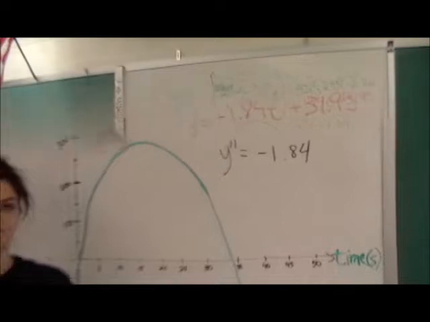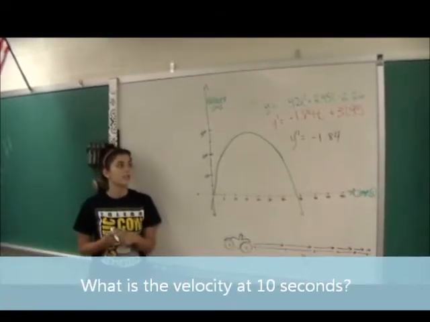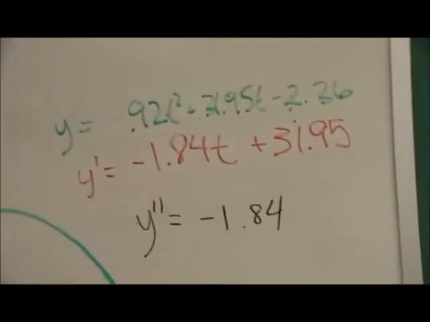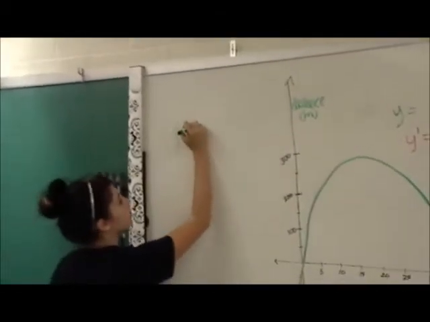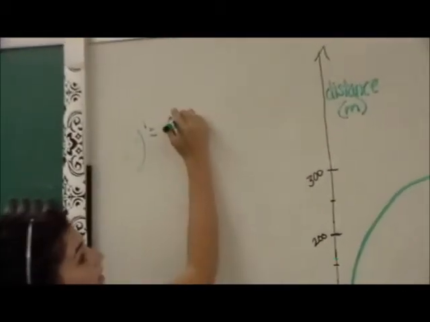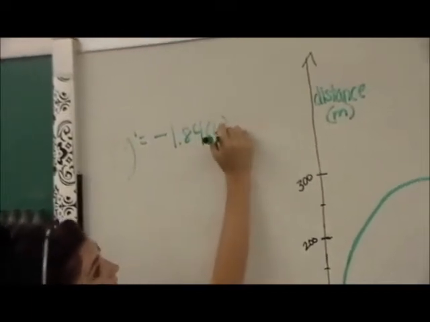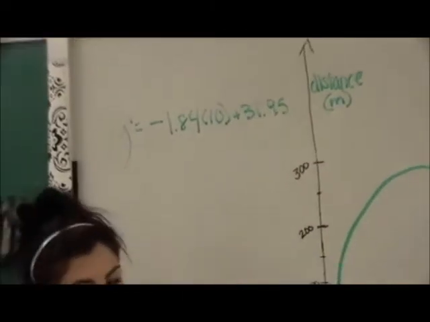1.84. Okay, so our first question is, what is the velocity at 10 seconds? So to find that, you take your velocity function and plug 10 in for the time. So your derivative of 1.84 times 10 plus 31.95.